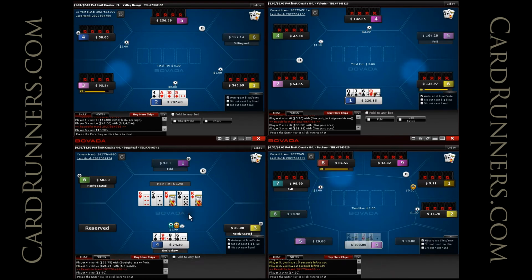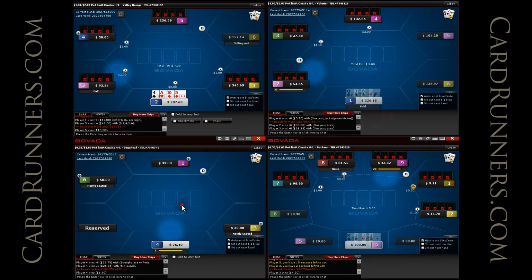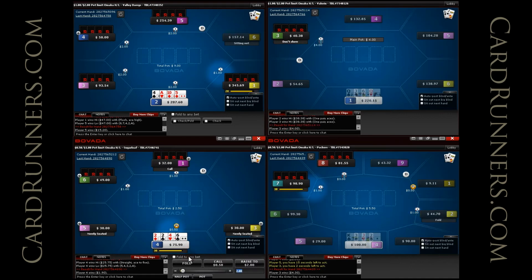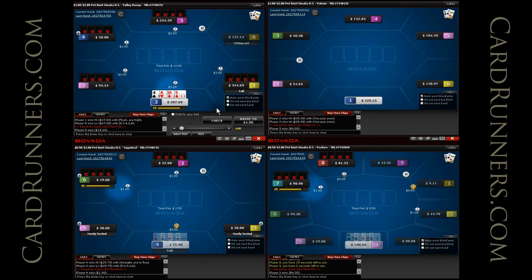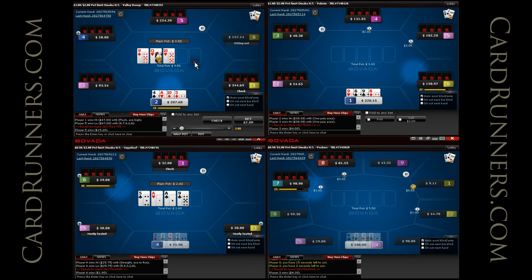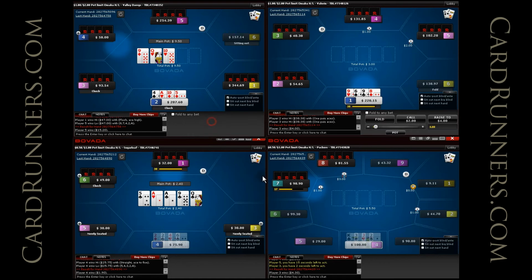Something I like to do when I'm sitting at these anonymous tables is when I start tables, I don't like to sit down with a full stack. I think that personally for me, when I see somebody sitting down with a full stack by themselves, it makes it a little more likely that they're actually a decent player.